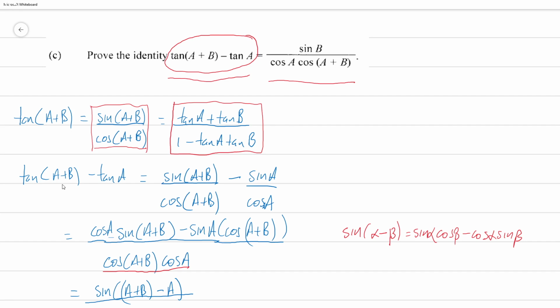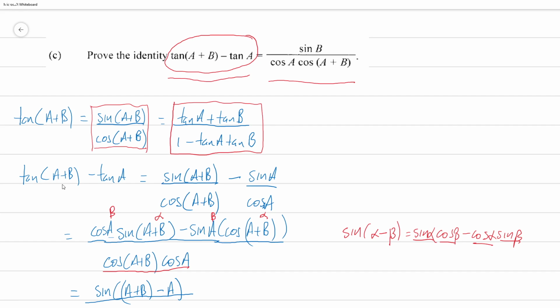Because when you substitute alpha for a+b, if a+b is alpha, then this is alpha here, and a will be beta, and this is beta. So you have sine of alpha, we have that here, cos of beta, minus sine of beta, we have that here, cos of alpha.